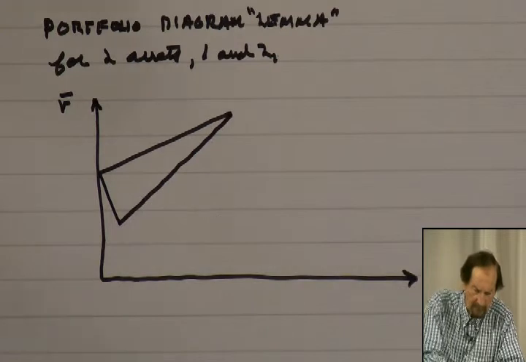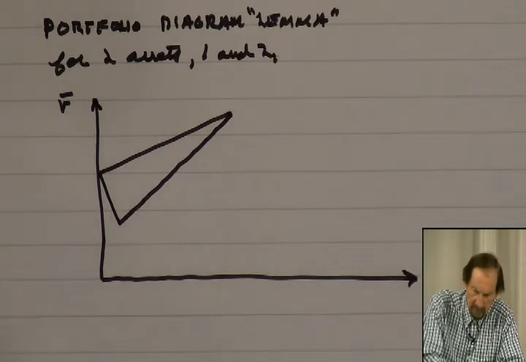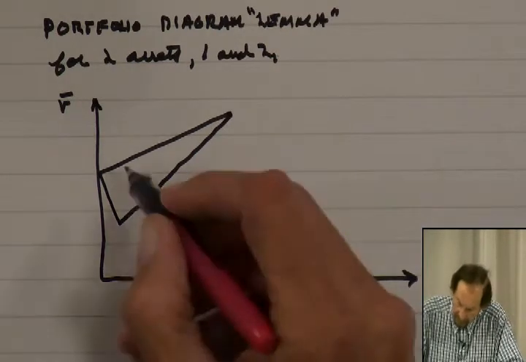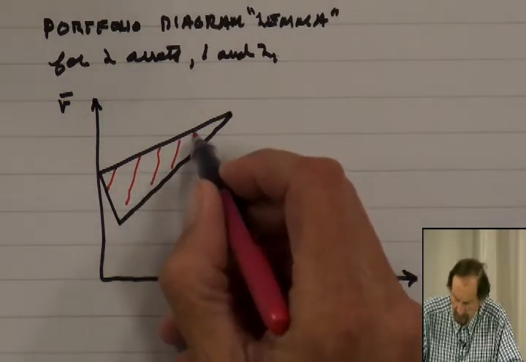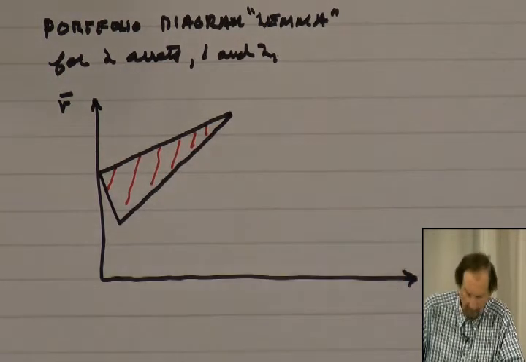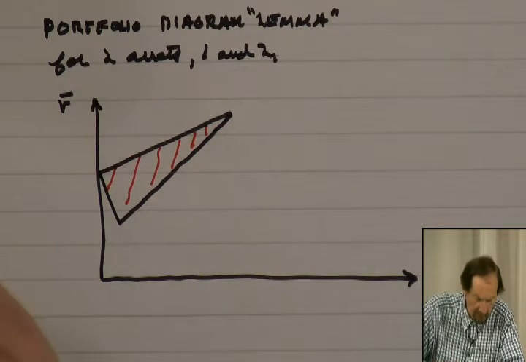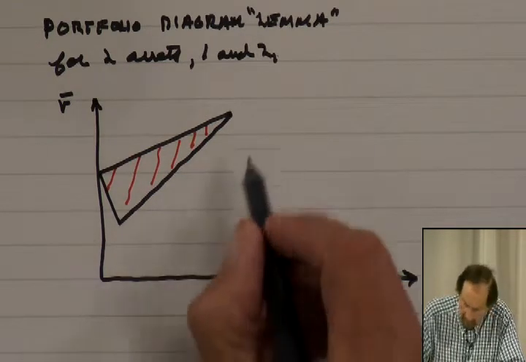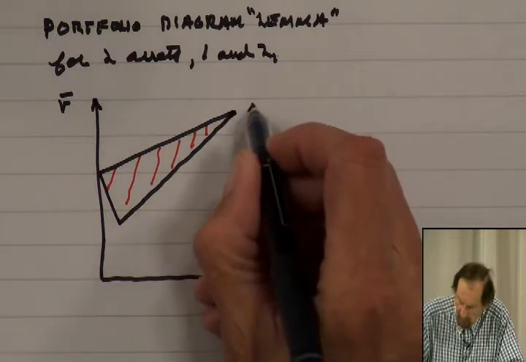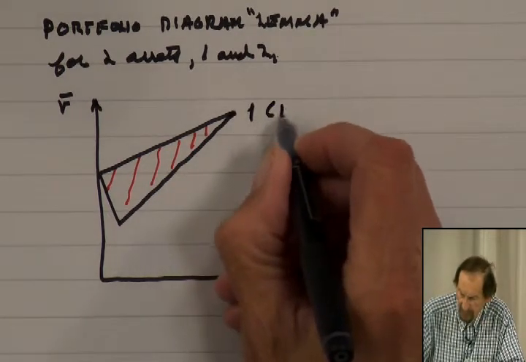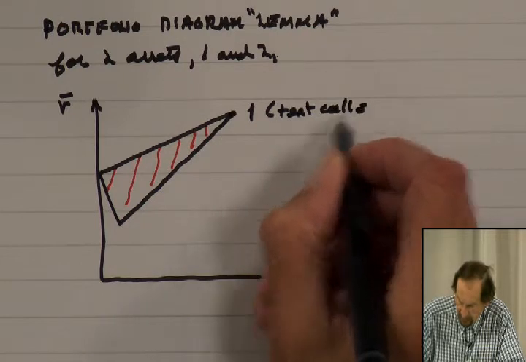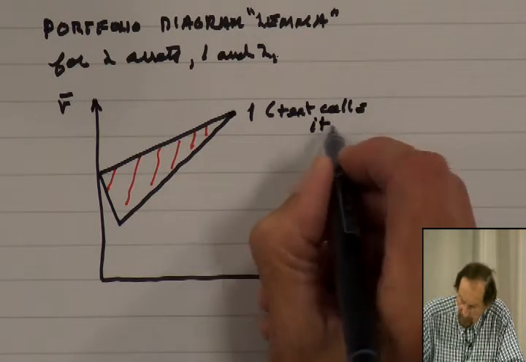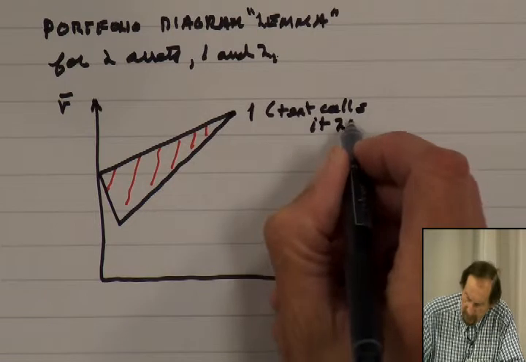Okay, so let's look at this. So we have this triangle here. And let's do some points. Let's call this point 1. The text calls it 2, but I'm going to use 1.